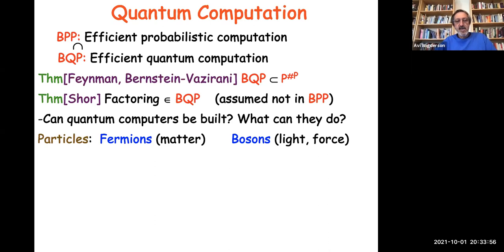But I want to go back to this analogy that I made in the beginning, which is really curious. So I mentioned this wave function. Let me say that in physics there are 2 types of particles, called fermions and bosons.